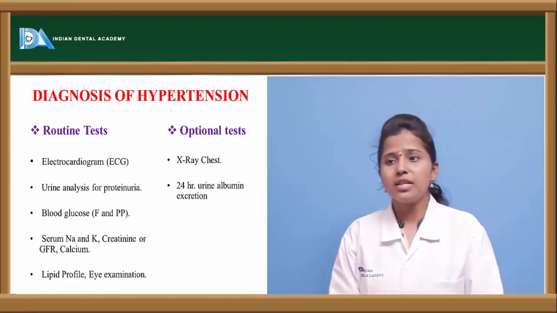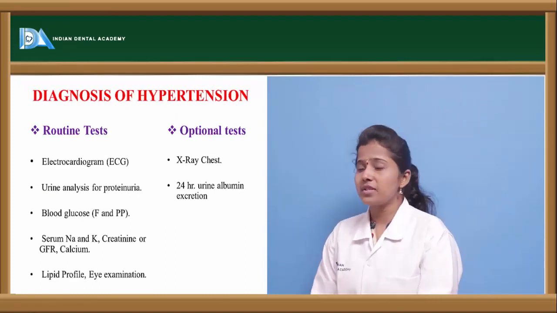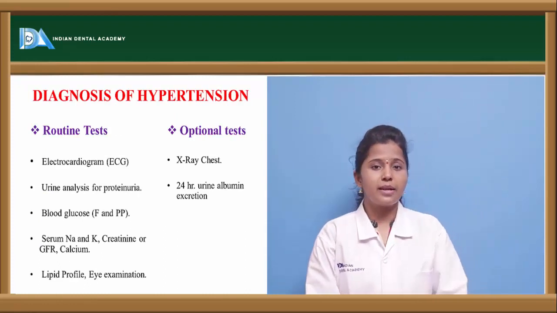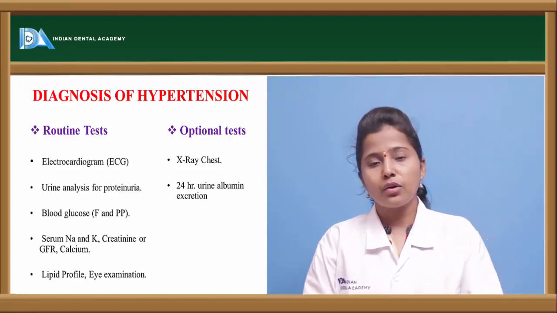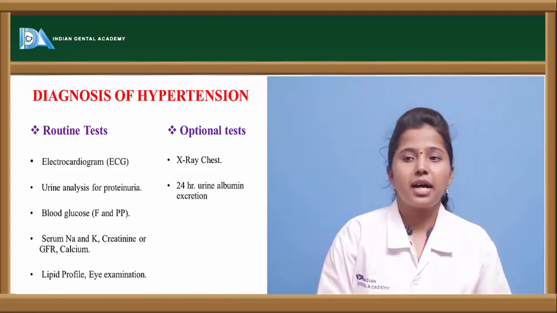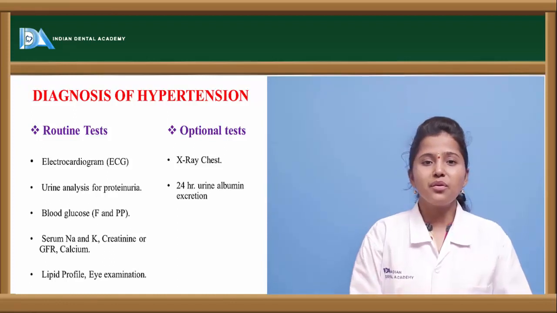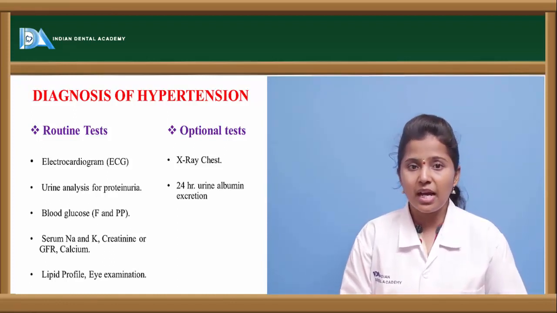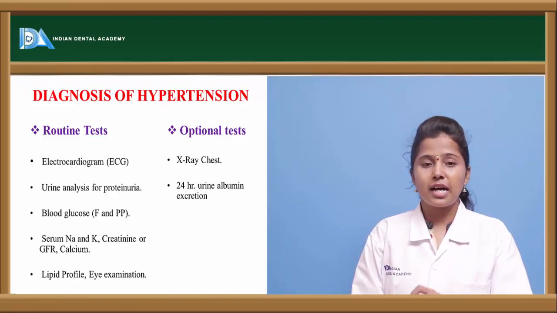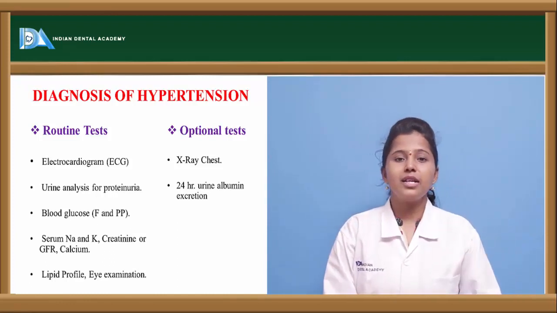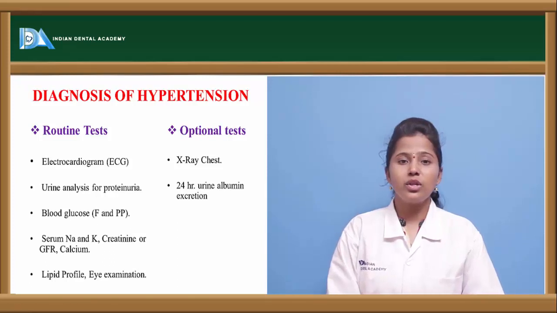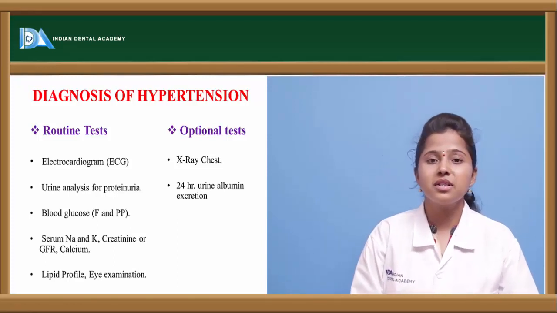Diagnosis test. How hypertension can be diagnosed, or if the person is suffering from hypertension, how it can be diagnosed. Here also we have routine tests as well as optional tests. Routine tests include electrocardiogram, ECG, whatever cardiovascular disease it may be, based on the changes in the PQRST waves, then definitely we can find out which cardiovascular disease the person is suffering from.